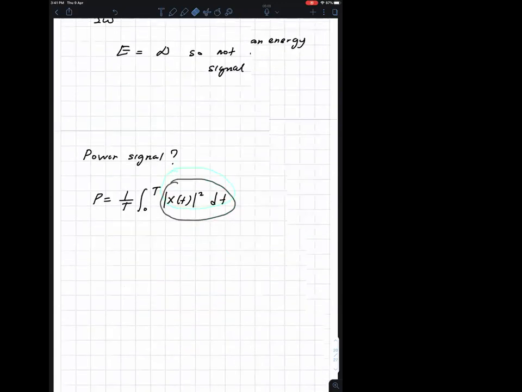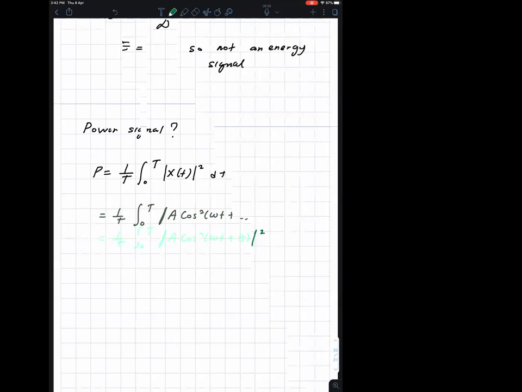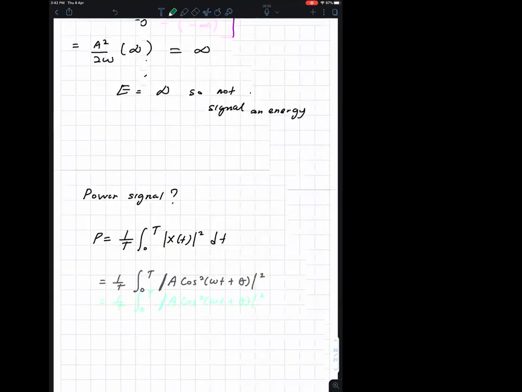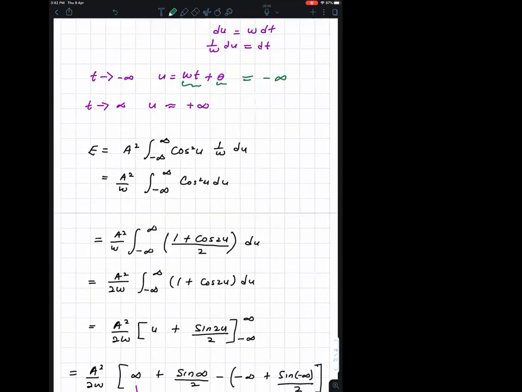To begin with, we'll show that 1 over T, 0 to T, A, the whole thing squared, is the same as before.